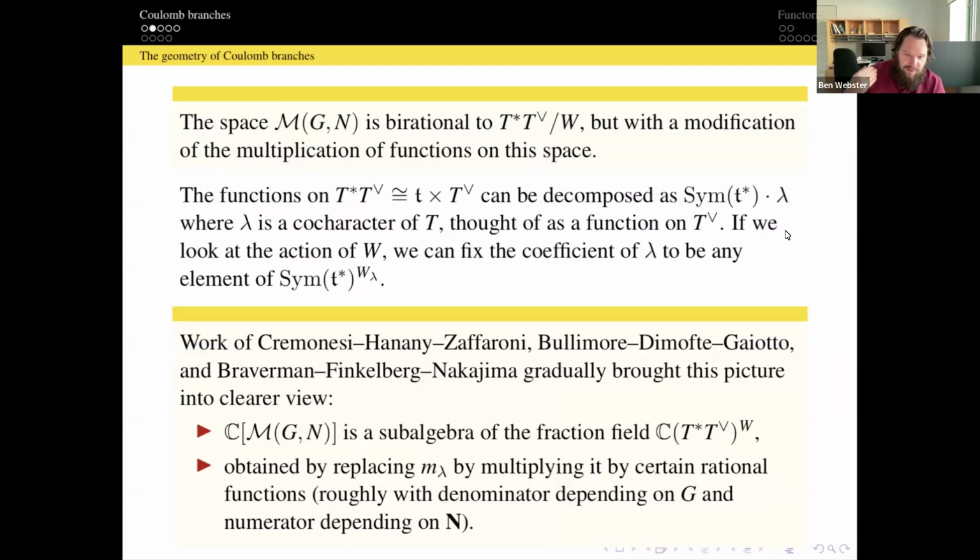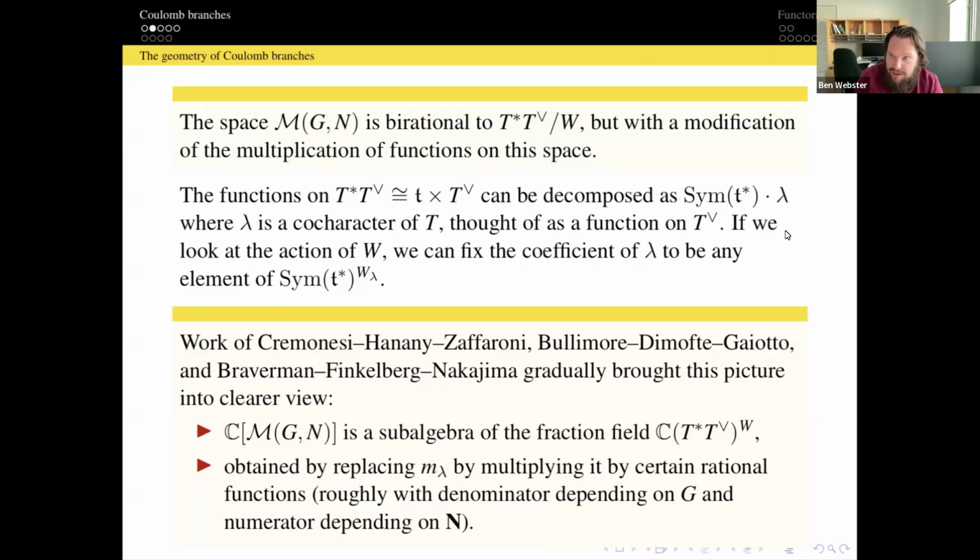I'm not going to write down the definition of the Coulomb branch in terms of the affine Grassmannian. That was the way that BFN phrased it. I'm going to give you, at least in some cases, another description for it. The important things to know about it are that it's birational to this quotient.